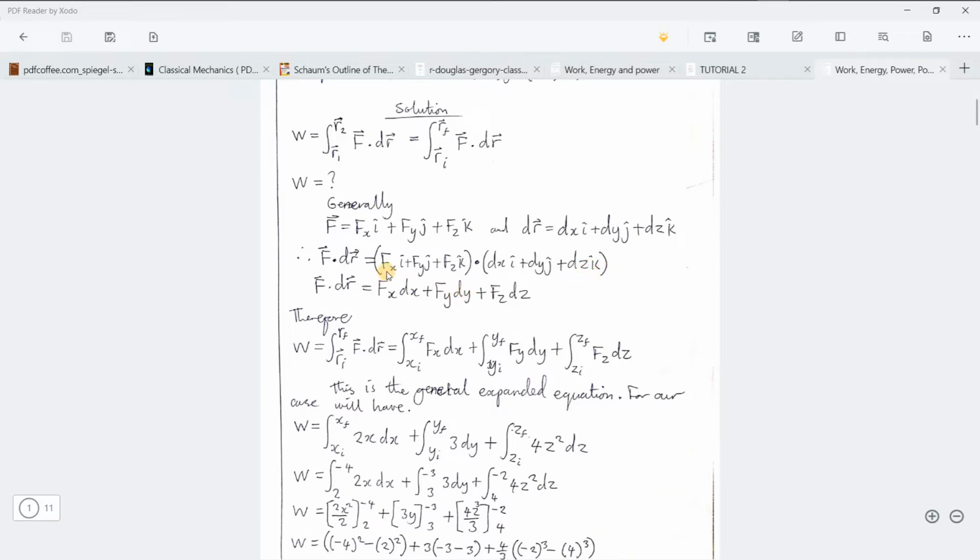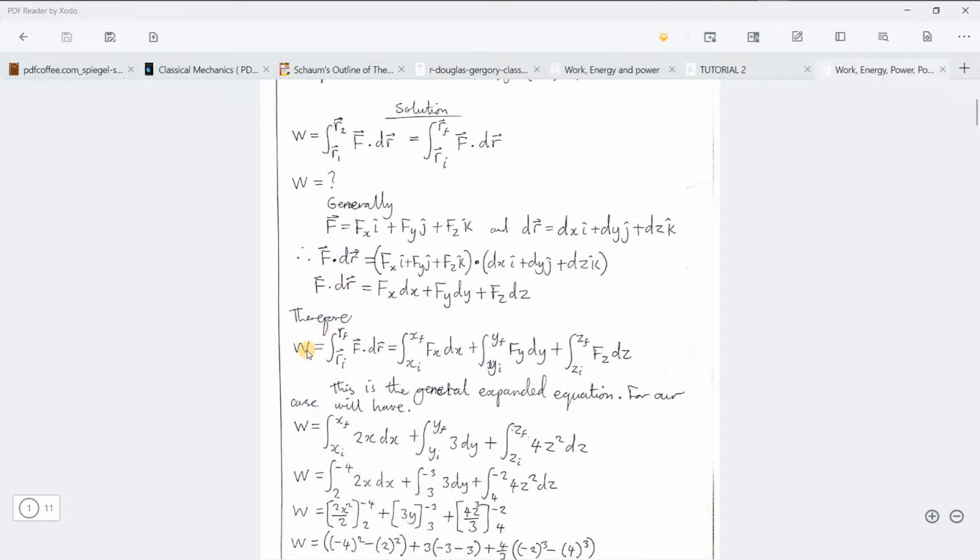Taking the dot product, we all know how it is. We multiply fx by dx to get fx dx, then fy by dy to get fy dy, and then fz by dz to get fz dz. Now we can put this back inside the integral.